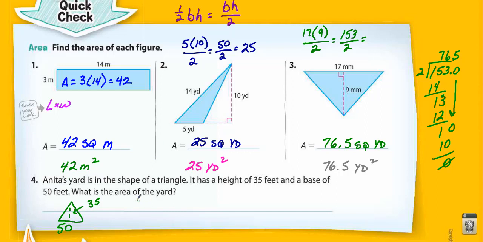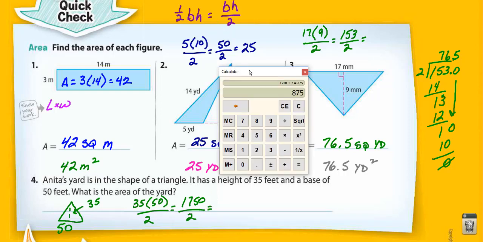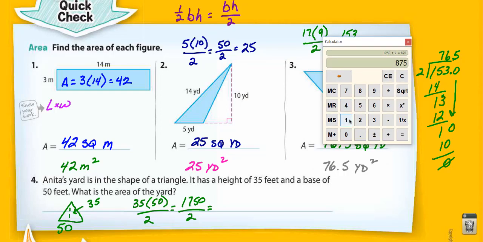So I've got 35 times 50 divided by 2. 35 times 50 is 1,750 divided by 2. And I can be using a calculator here. I happened to work the problem out ahead of time, so I knew what the answer was supposed to be. Then I've got 1,750 divided by 2 is 875.